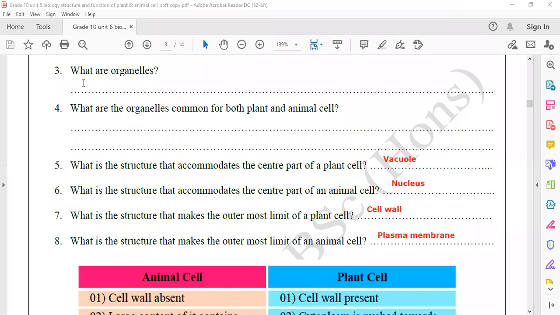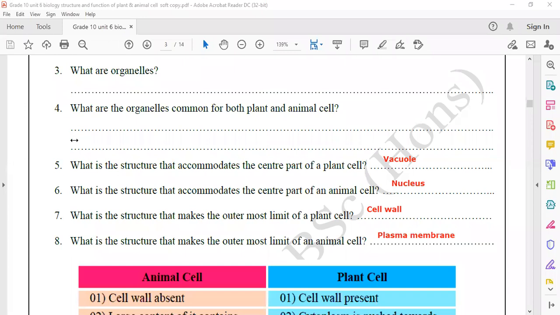What did I tell you regarding organelles? Right.